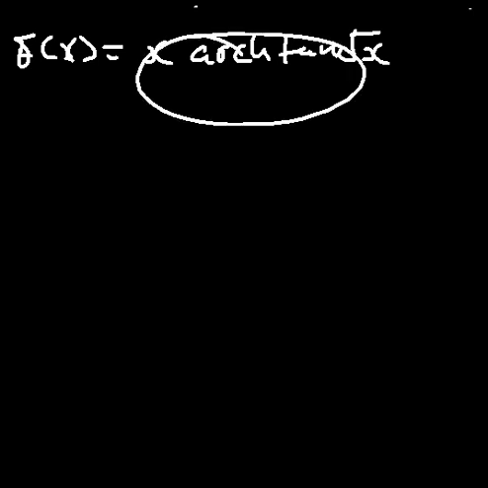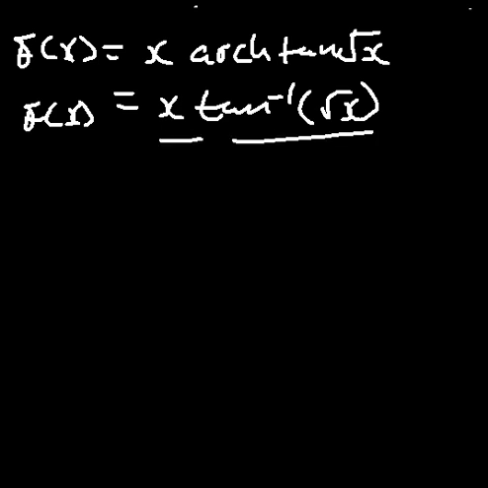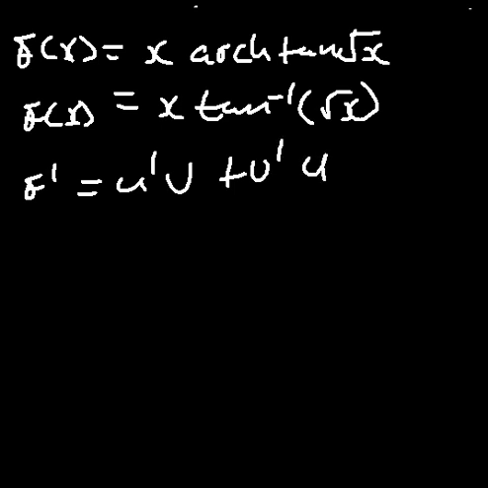This is the same as f of x equal to x times tan inverse of the square root of x. So now we have two functions, x as well as that one. Again, we use the product rule, in the sense that f of x prime is given as u prime v plus v prime u. That's the way to go.